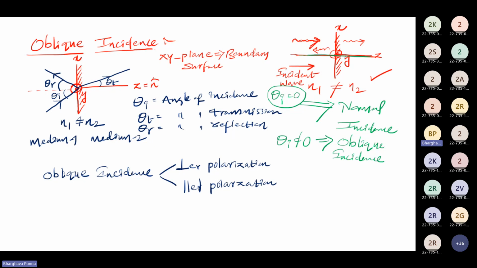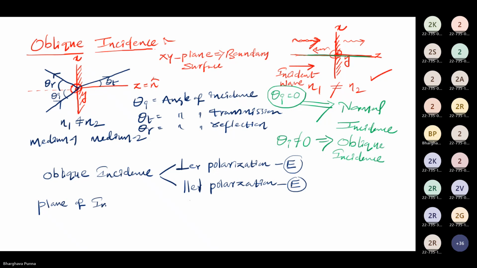So the names perpendicular polarization and parallel polarization are also given with respect to the electric field only. How these names came, we are going to see now. I told you that a new terminology will come, that is the plane of incidence.